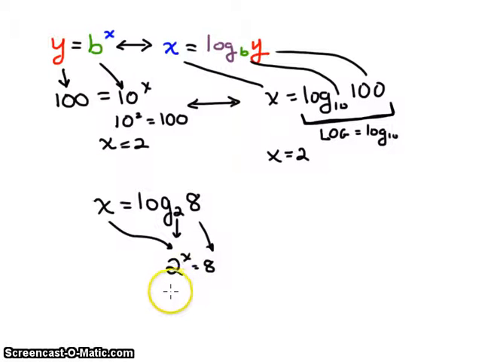So now I just need to know again what value of x is going to give me 2 to the x equals 8. And that I know is 2 to the third power equals 8. 2 times 2 times 2.